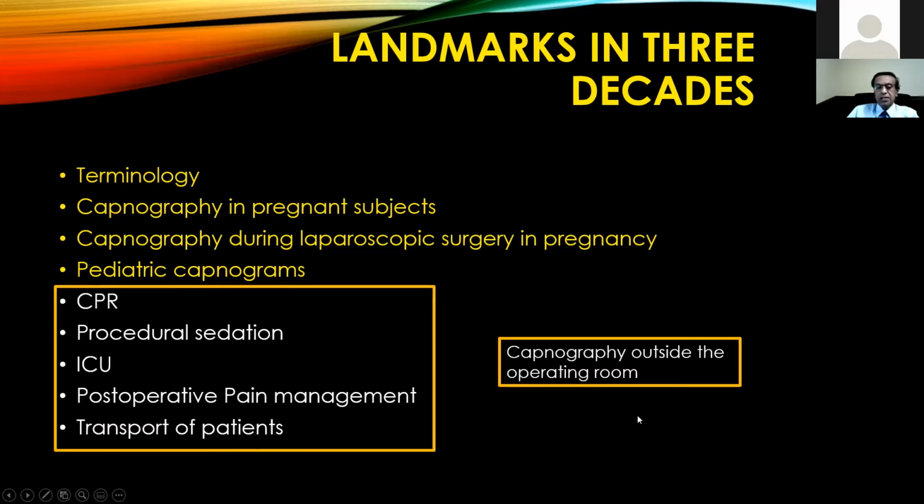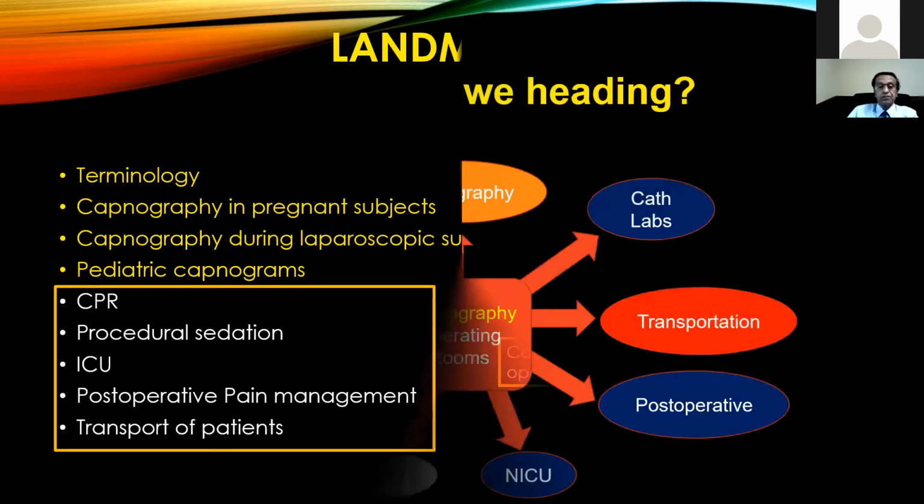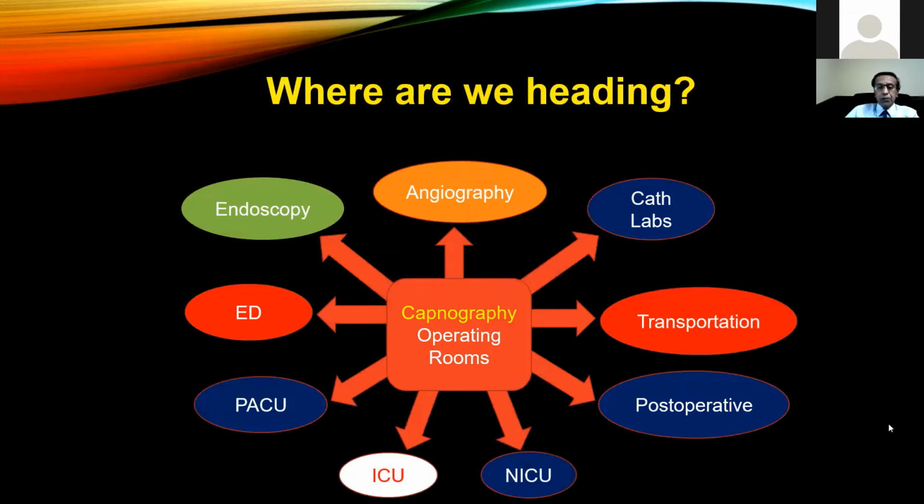All these categories come under capnography outside the operating room. So capnography has spread from the operating rooms to all these areas around the operating room, and that is why you see capnography being used in the emergency department, during endoscopy, during angiography, and in the cath labs during sedation.